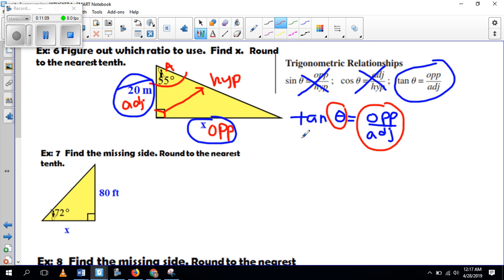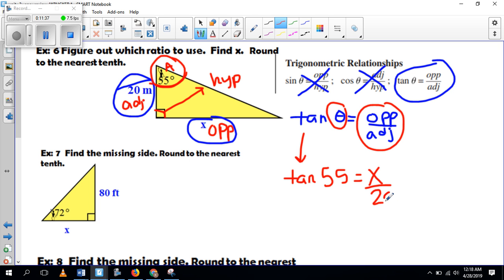So we keep tan. A lot of times people forget tan, but tan is important. So tan, and this means angle. What angle did we have? Right here we already have it labeled, 55. So tan of 55 equals opposite. What do we have for opposite? We see x over adjacent. And here we had 20 for that.